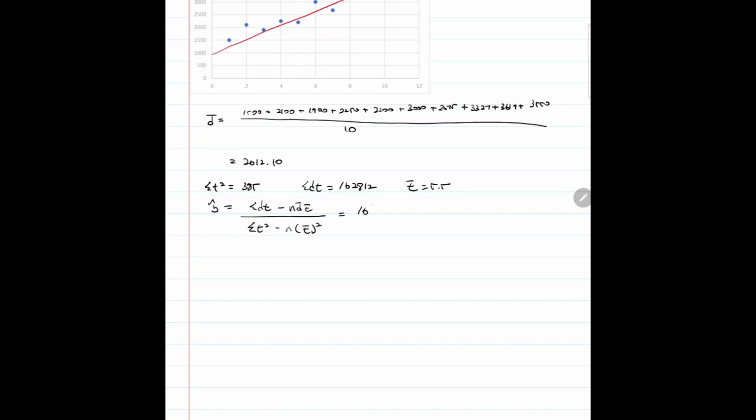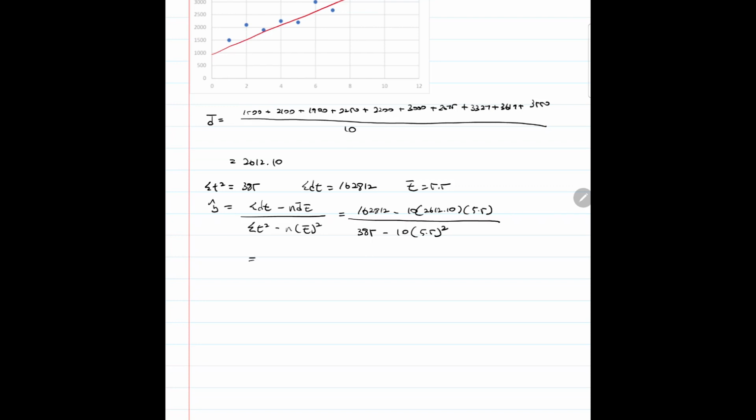So the sum of dt was 16,212. Minus n, which was 10, times D bar, which is 2612.10, times T bar, which is 5.5, divided by the sum of t square, which is 385, minus 10 times t bar, which is 5.5, squared.